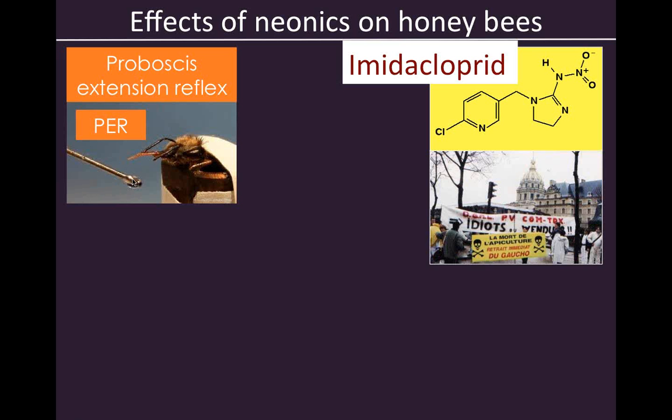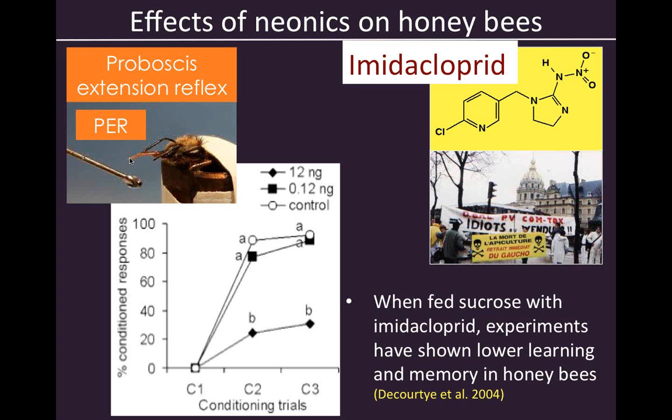Then after several attempts, the bee will only need to receive a little puff of lemongrass odor to start extending her proboscis, because she is associating the smell with a food reward. So people can test learning and memory, meaning how likely they are to remember that this smell is associated with a food reward, and how many times it takes for them to make the association. That's what we call conditioned responses.